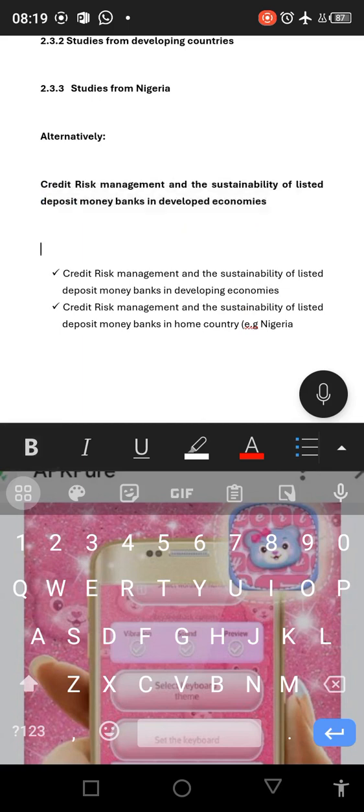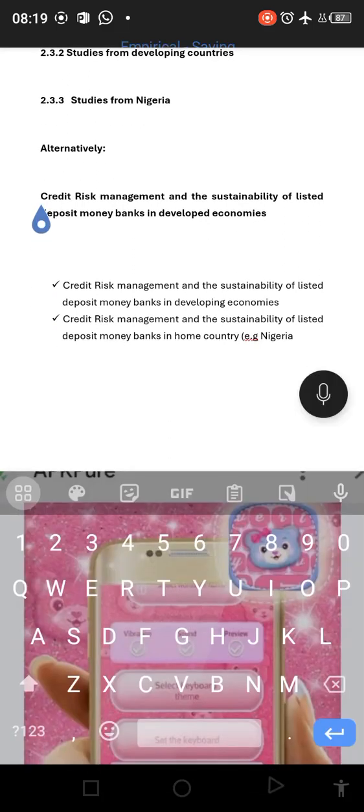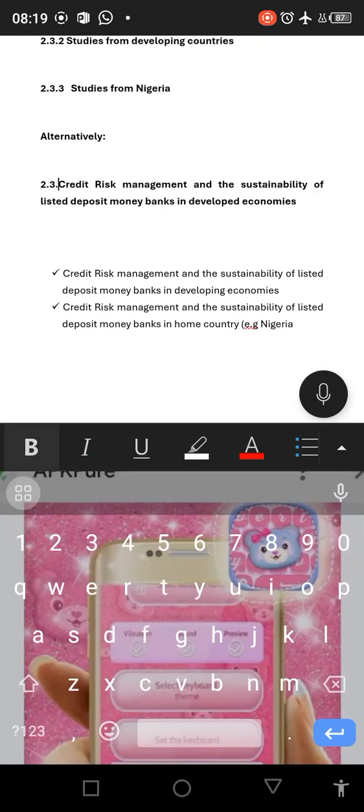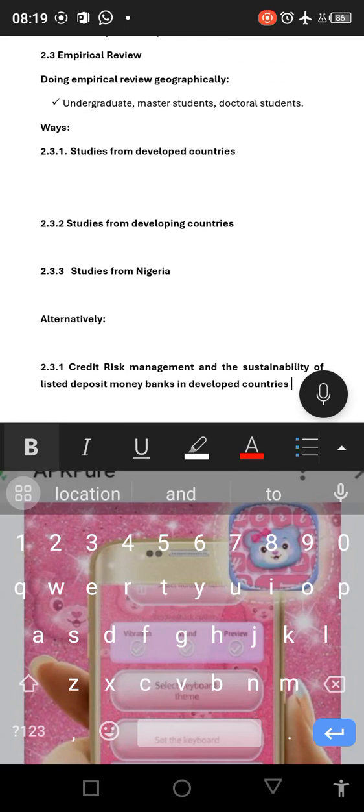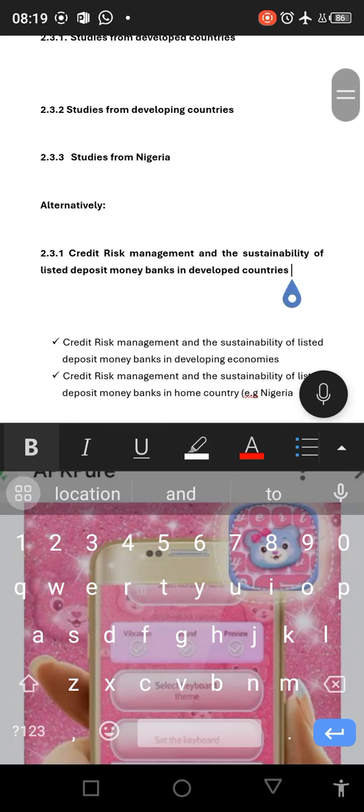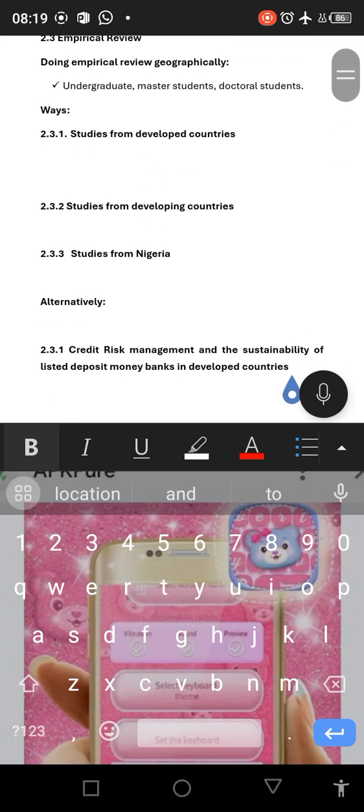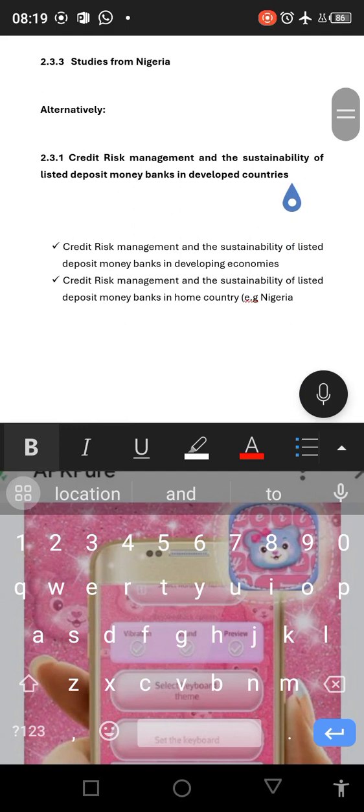Then it will also carry, this is still our 2.3.1. Now, instead of putting developed economy, so that I won't confuse you, I can as well put developed countries. You understand? There is just a little difference there. The only difference here is just that I added my topic.